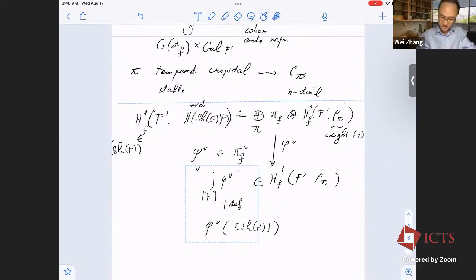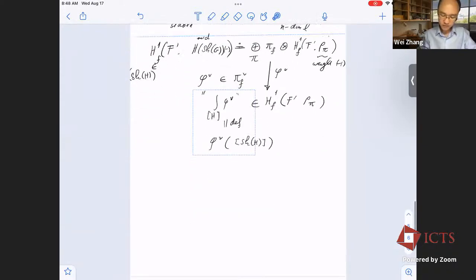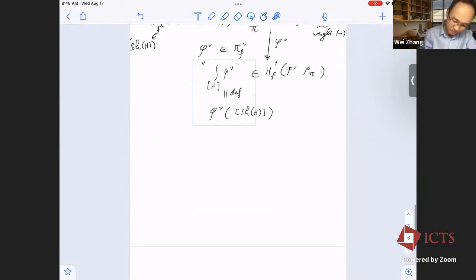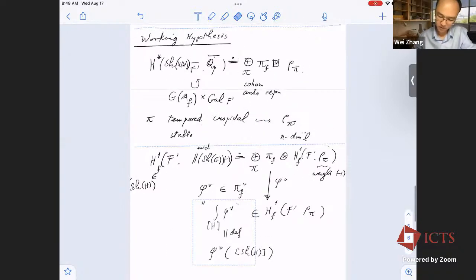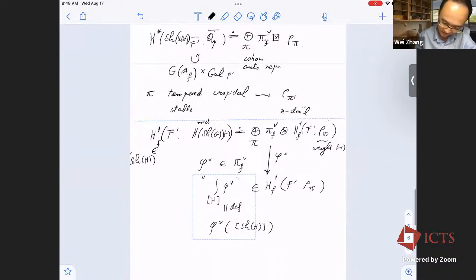So now I can apply Nekovar's p-adic height. So now I can consider this integral. Maybe I should have done this, it's really the dual. So let's switch, just change the notation.